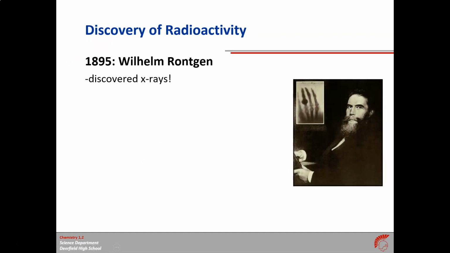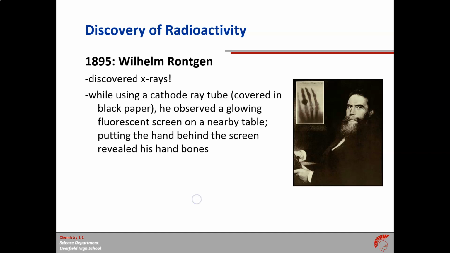The first guy to notice radiation is credited for discovering what we call X-rays. X-rays are a form of ionizing radiation, although they are really not a form of nuclear radiation. But anyway, using a cathode ray tube, he noticed that he could take a picture of his hand with the X-rays, the unknown rays that were going through his hand and lighting up a photographic screen behind him.